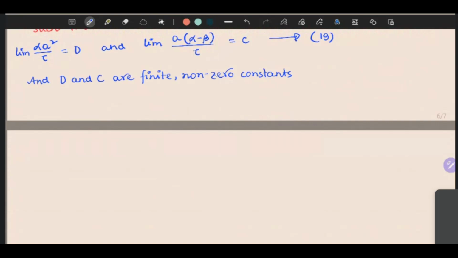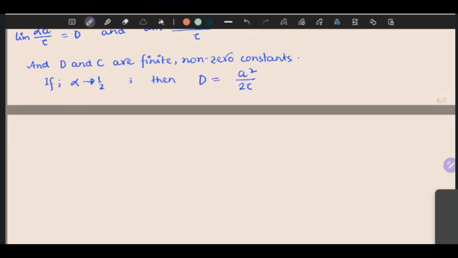So if alpha tends to half, then d becomes a square by 2 tau, right? So now d becomes step length squared by time, right?